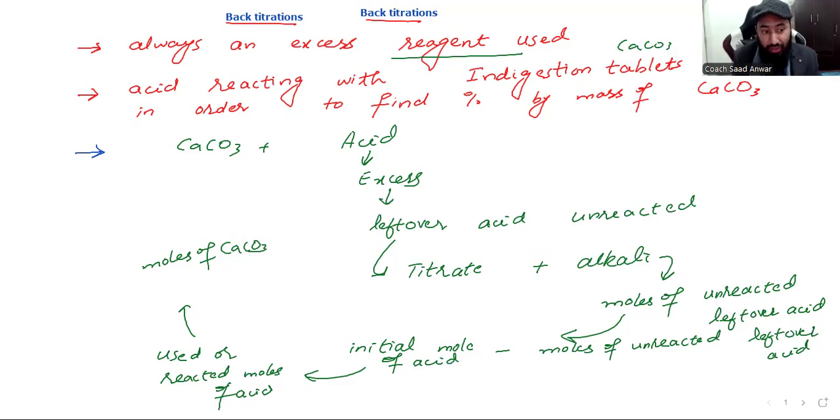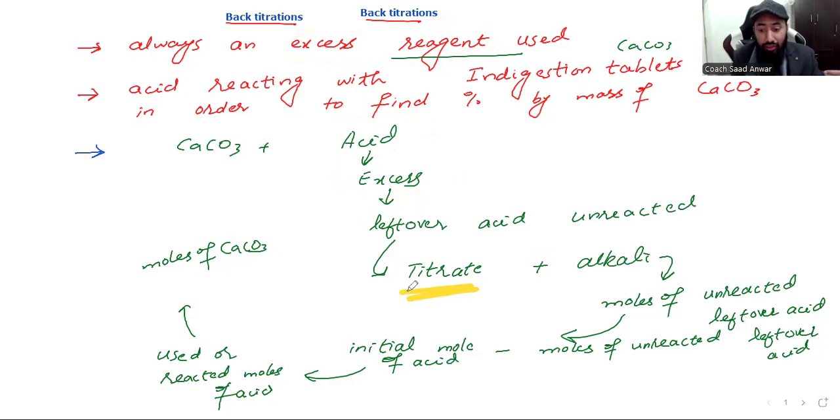So let me summarize quickly. In back titration, we have an excess reagent. For example, when we react acid with an indigestion tablet to find the percentage of calcium carbonate present in it, the acid must be in excess. So there will be some leftover acid that is unreacted.